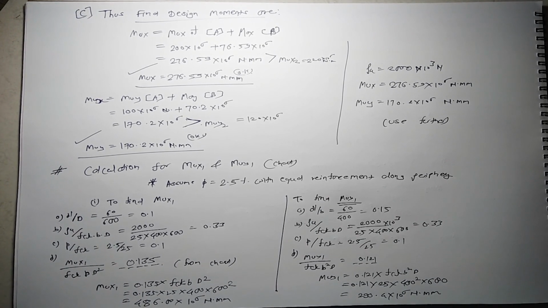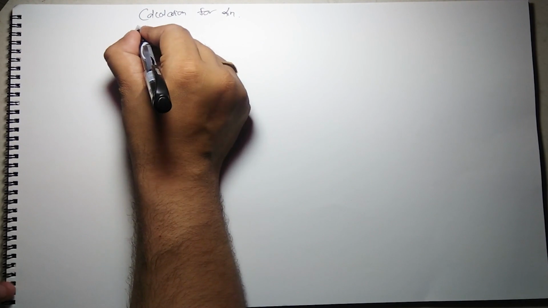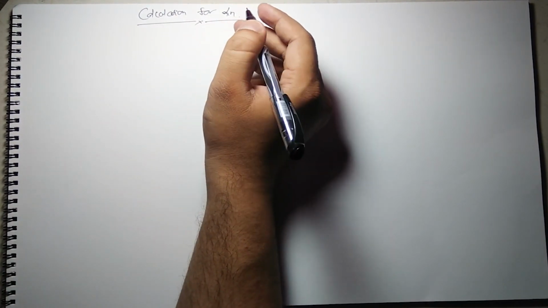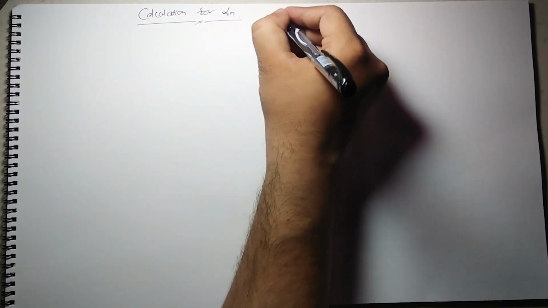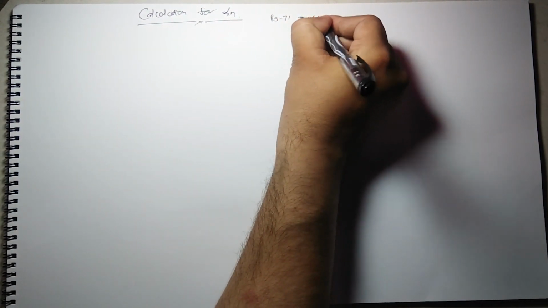So I hope you understood this step. By this way we have got the value. Now our next step will be the calculation for alpha n. This you will also get on page number 71 of IS 456.